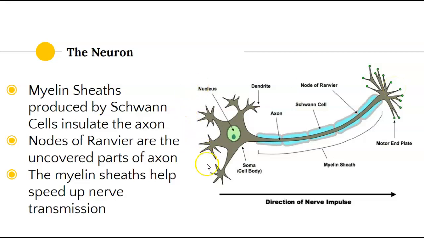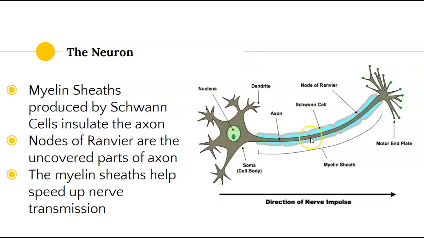The direction of nerve impulse always goes from a dendrite, which are these branched areas around the cell body, through the actual axon, and then ends at the motor end plate, in which there is a synapse, which we'll get into again. In that synapse, the message gets transferred to the next set of dendrites, and it goes through over and over again.